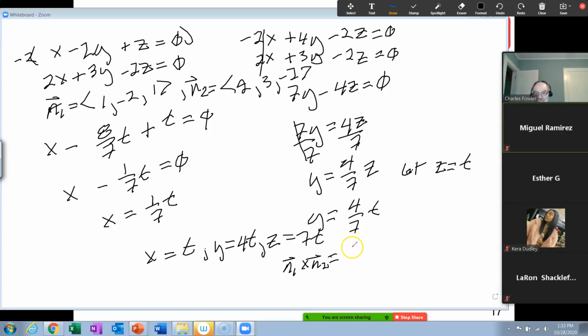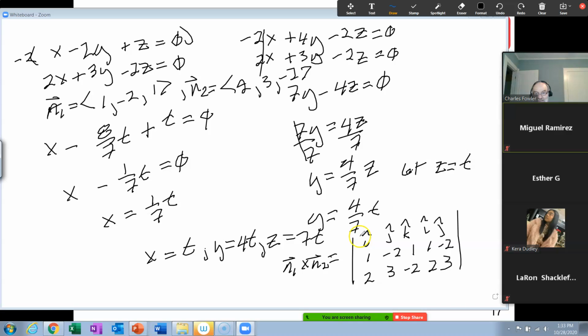Okay, remember how to do the cross product. Set up sort of like a determinant, i, j, k, i, j. 1, -2, 1, 1, -2, and 2, 3, -2, 2, 3.